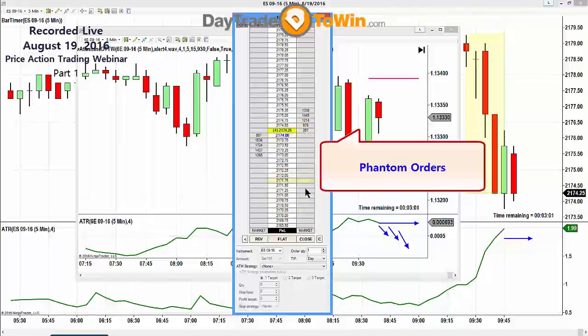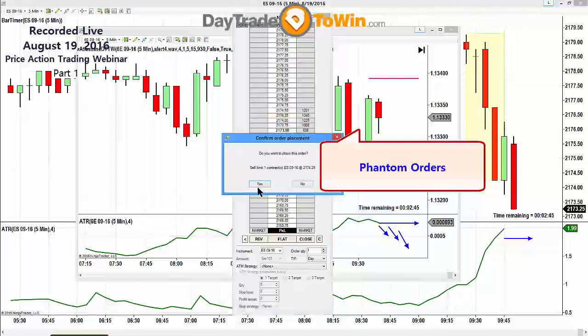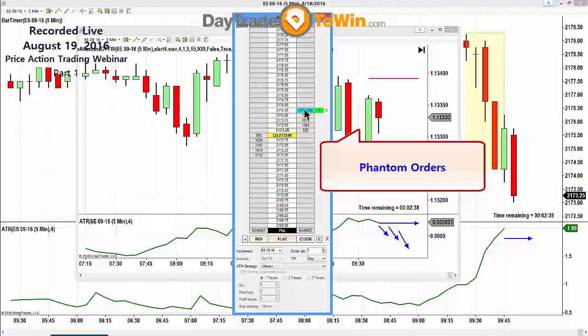Because how easy is it for someone with a large account to put 30 or 40 contracts in any of these columns, sell or buy, and as soon as the market reaches that area, it's taken away, canceled, or moved? If I place an order here and then change my mind and change it to this or this, it just takes half a second. So replace this number, which is 1, with 100.